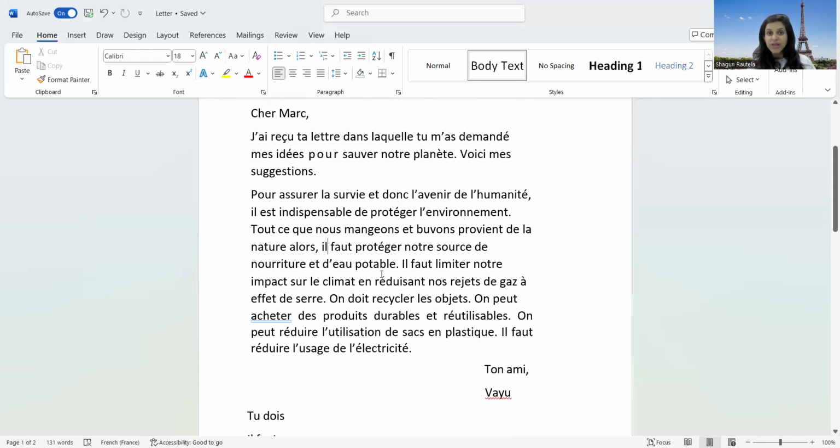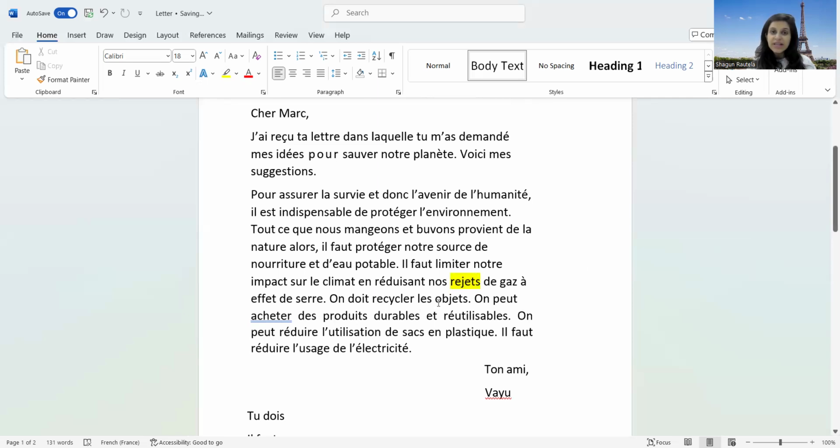D'eau potable is drinking water. Il faut limiter notre impact sur le climat. It's necessary to limit our impact on the climate while reducing the emission of gaz à effet de serre, the emission of greenhouse gases.